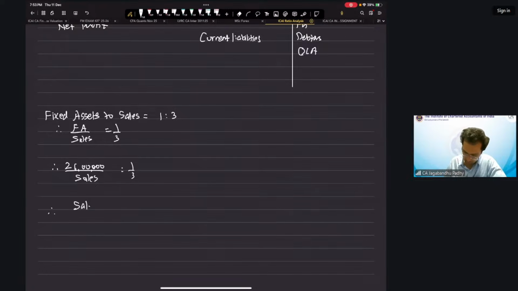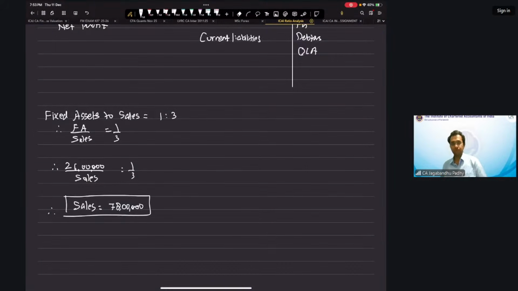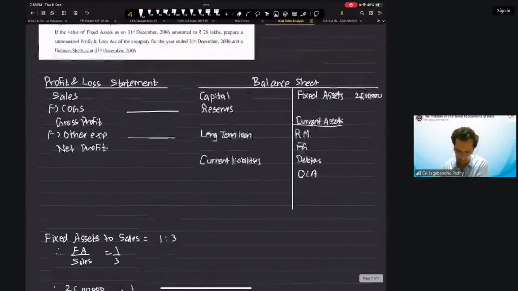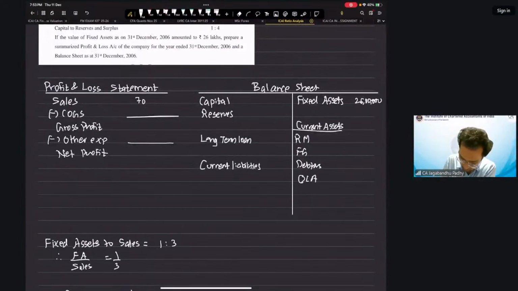So we can say sales is 26 lakh into 3, which is 78 lakhs. So sales is 78 lakhs. We got the sales value of 78 lakh.